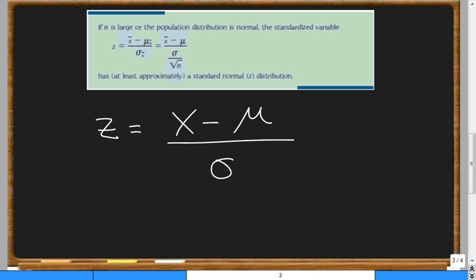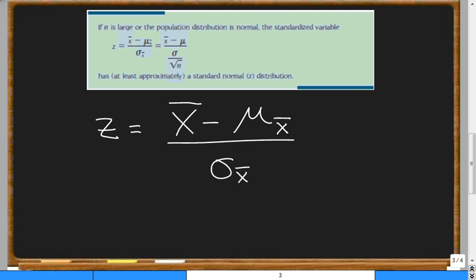Instead of x as the observation, it's going to be our sample mean, because our sample is kind of our observation now. We would then subtract the mean of our sampling distribution, which is the mean of x bar, and divide by the standard deviation of that. So this all works together.